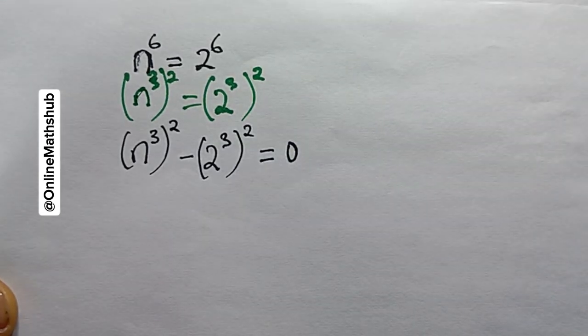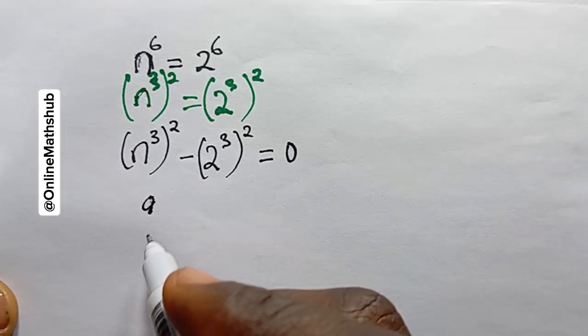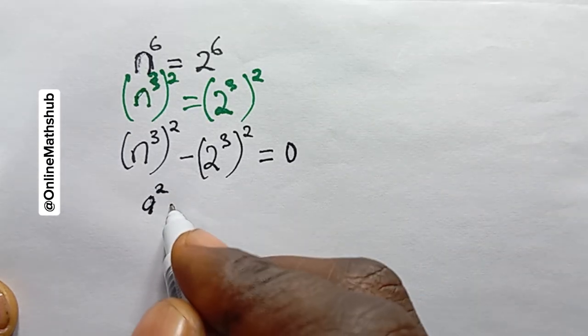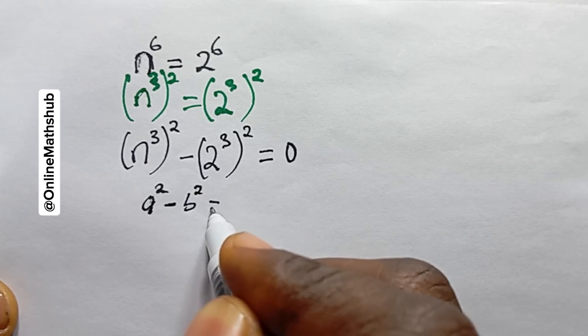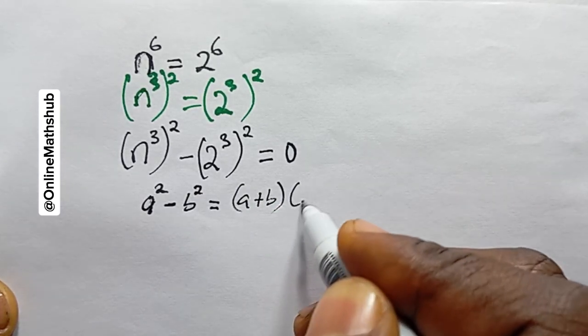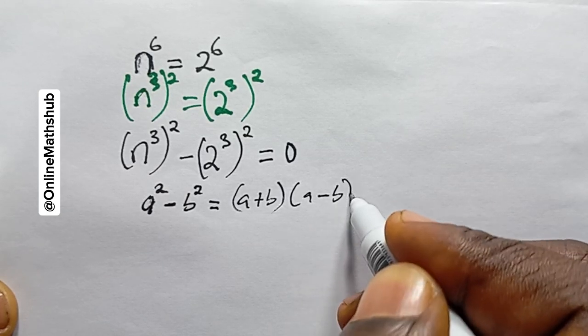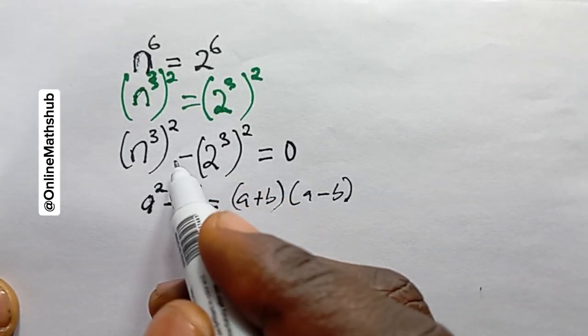At this point you can see we've got a difference of 2 squares, and if you remember the expansion a power 2 minus b power 2, you can expand this as a plus b multiplied by a minus b. This is the expansion I'm going to use here.